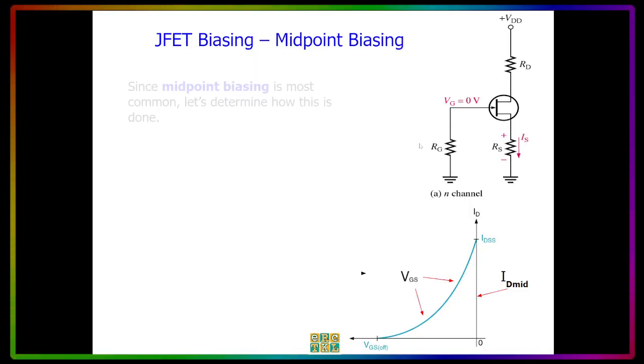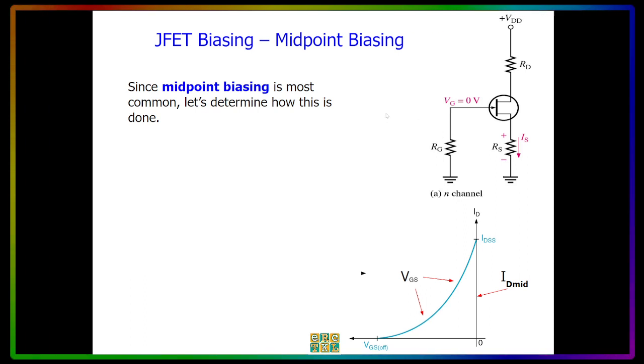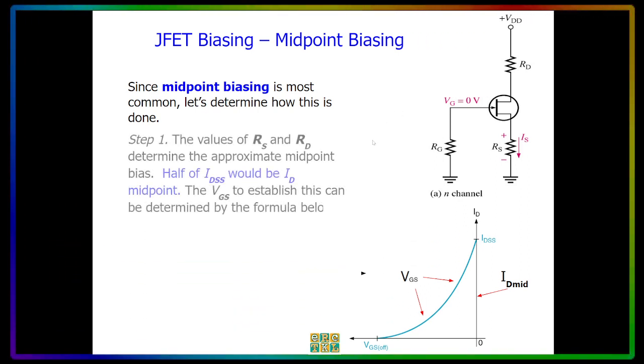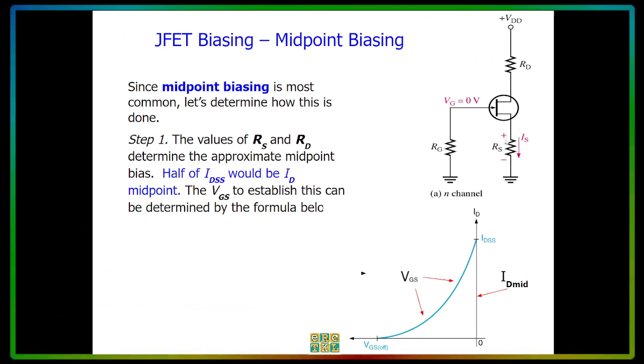Now, let's talk about midpoint biasing. Since midpoint biasing is the most common, let's determine how this is done. The first step is that the values of RS and RD determine the approximate midpoint bias. It means that the RD that you put here and the RS will be the ones that determine what the approximate midpoint bias will be.